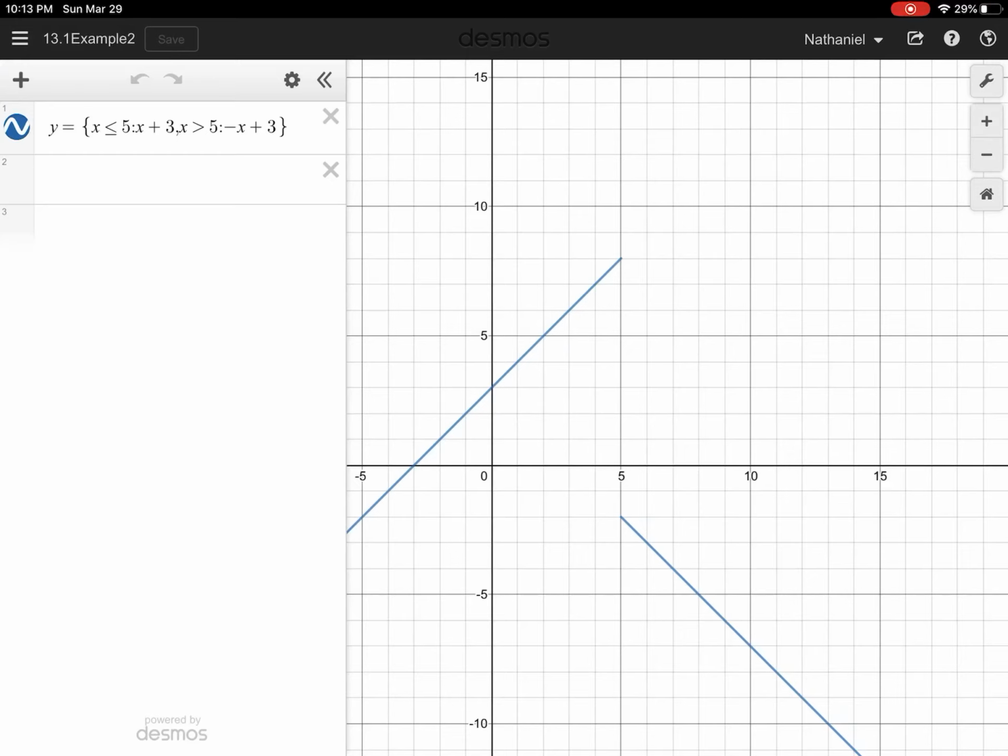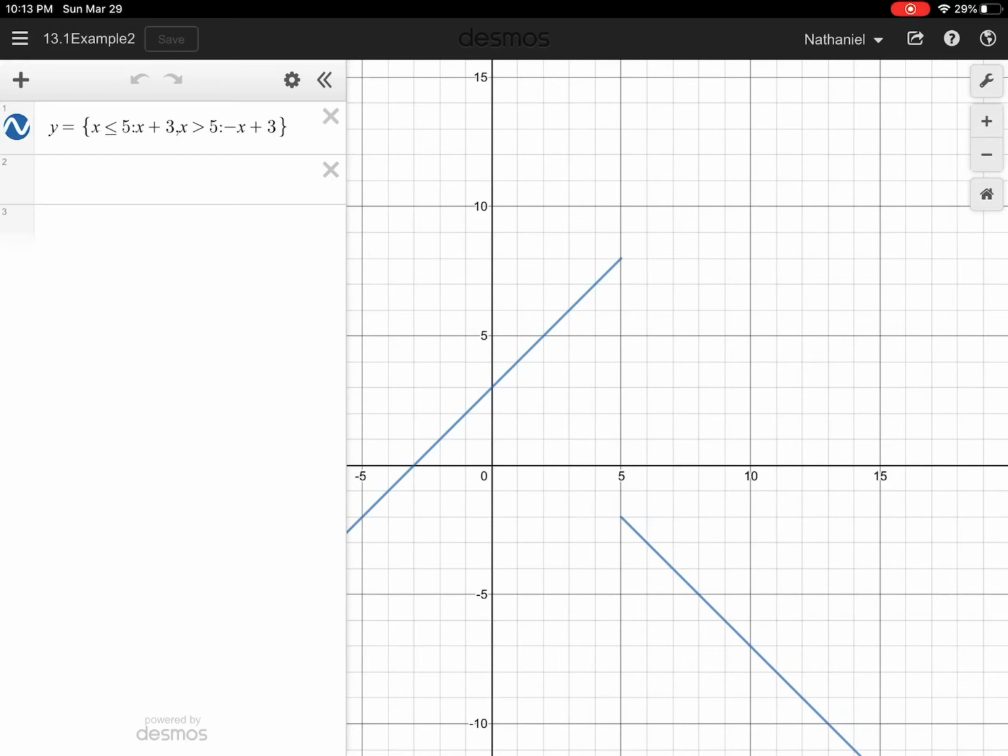Let's take a look again at the actual behavior here, though. When we were approaching 5 from the right, that is for values that were larger than 5, so for instance from 10 heading towards 5, the function seems to be approaching -2.